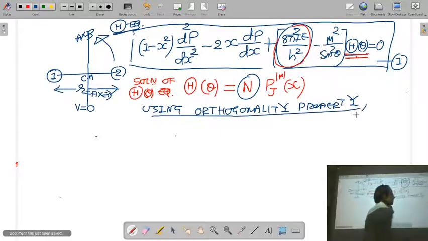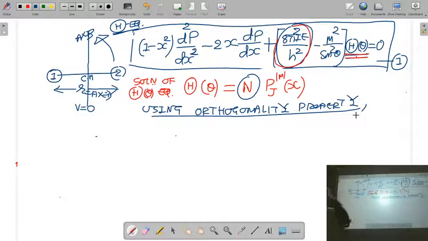I think you must be knowing about the orthogonality property of the Legendre polynomial. Using it, we can calculate the normalization constant for the theta function.